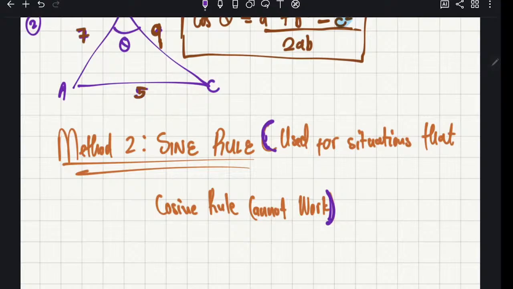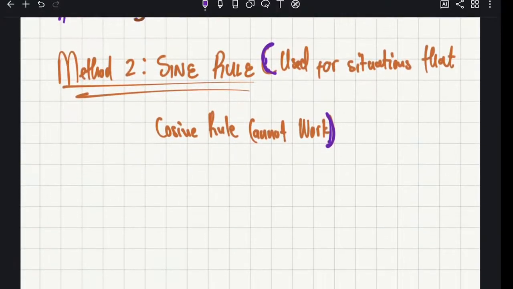Good. And I just want you to write X, Y, Z. This will be small x because it is opposite big X. Opposite big Y, small y. Opposite big Z, small z.